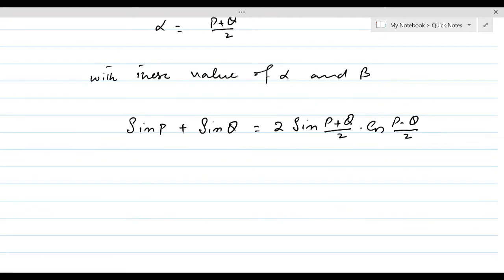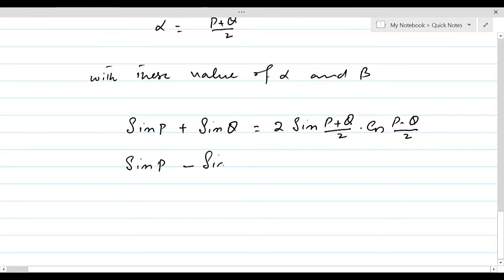This is similar to adding sine of alpha plus beta and sine of alpha minus beta, just in reverse order. Sine P minus sine Q is equal to 2 cos of P plus Q by 2 into sine of P minus Q by 2.